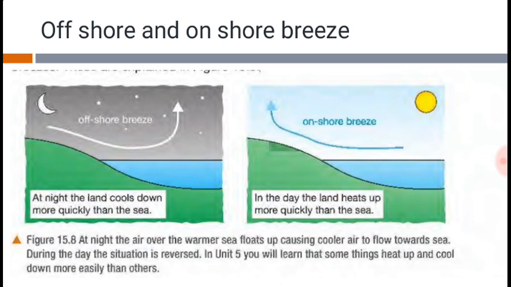Now you will get an onshore breeze, that is the air flowing from the sea towards the land. Why? Because the earth is warmer, it will heat up the air, the hot air goes up. Then the cooler air comes in and goes towards the land.